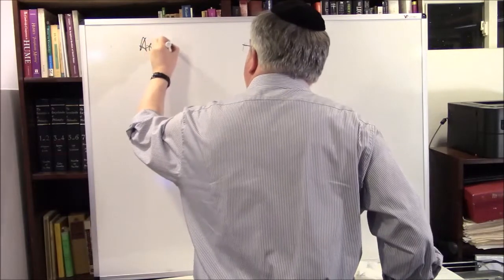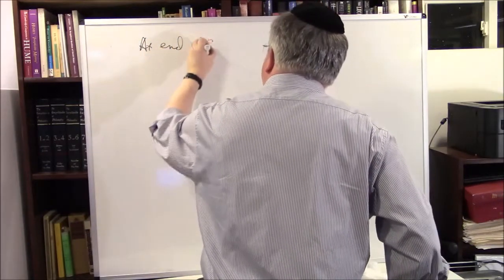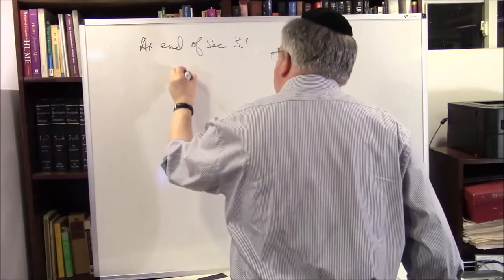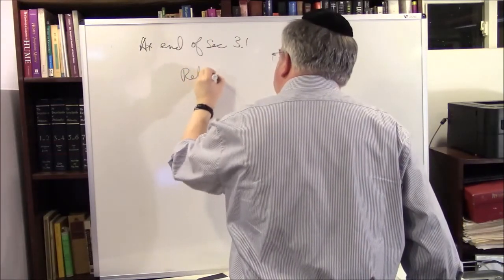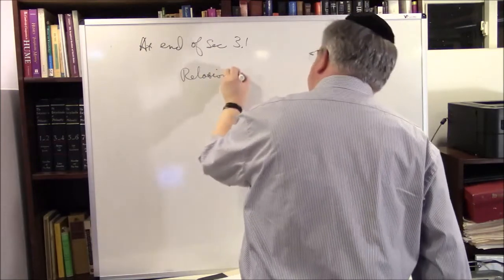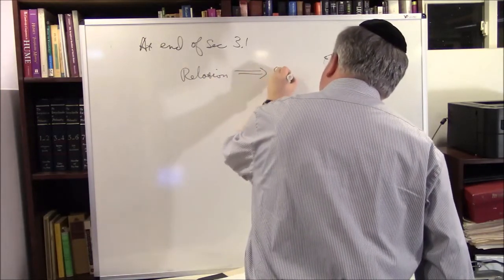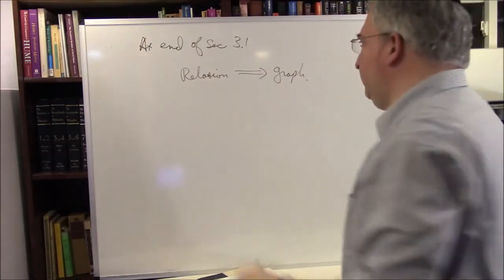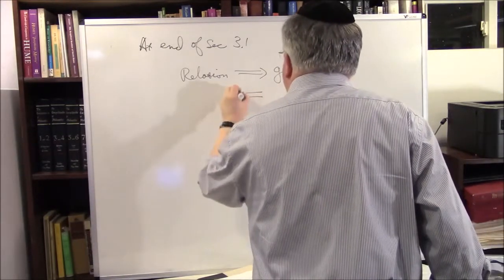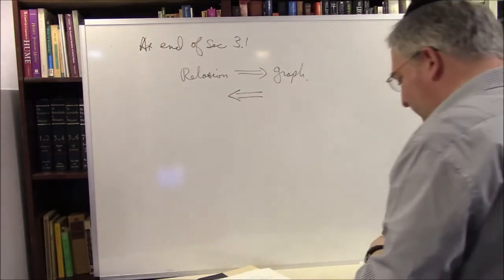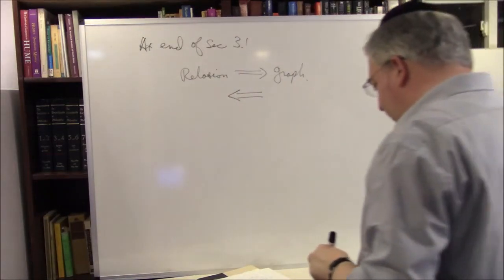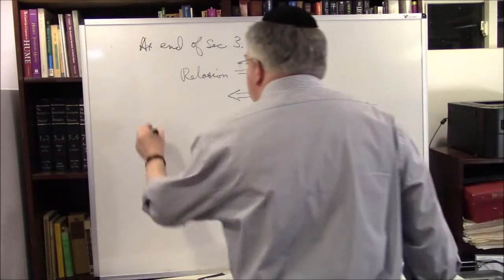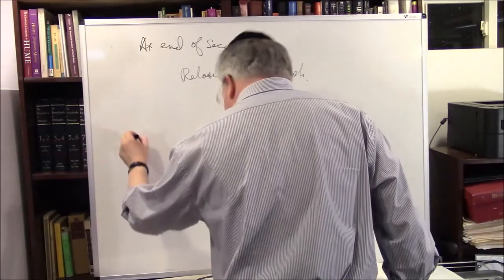At the end of section 3.1, we did the following. You had a relation on a finite set, and you made a graph out of it. Now I want to go the other way. You give me a graph, and I'm going to show you a relation. It's a theorem, I guess.